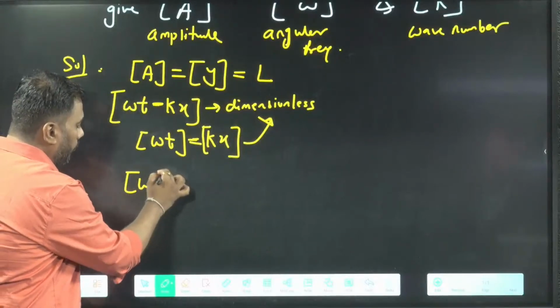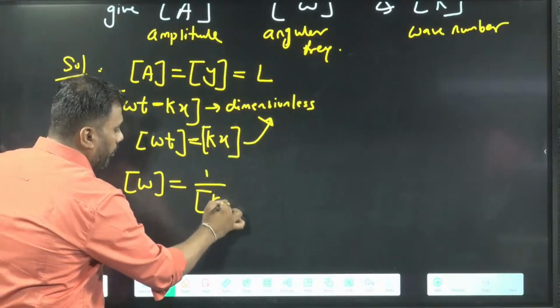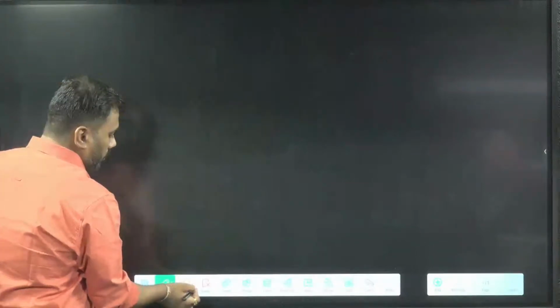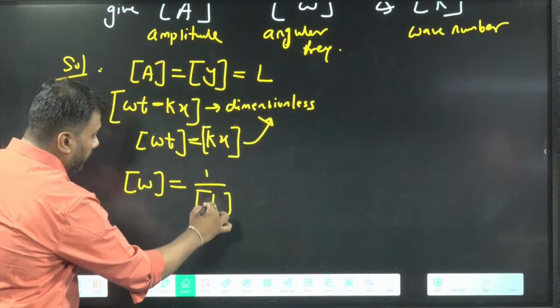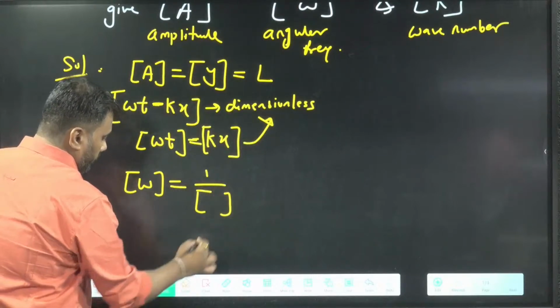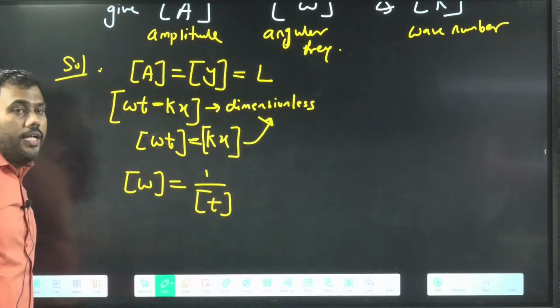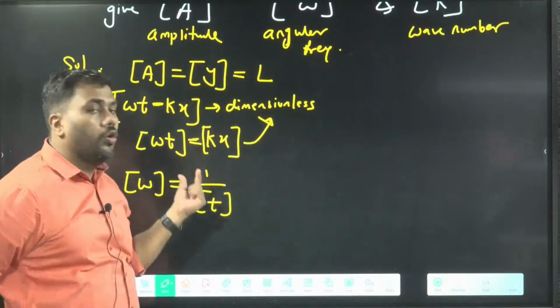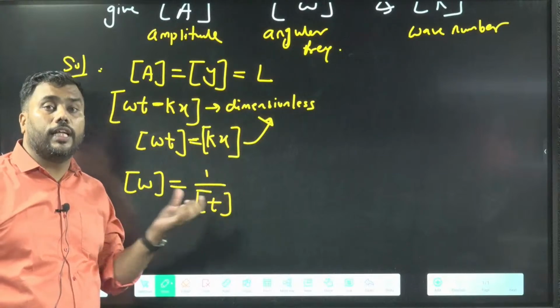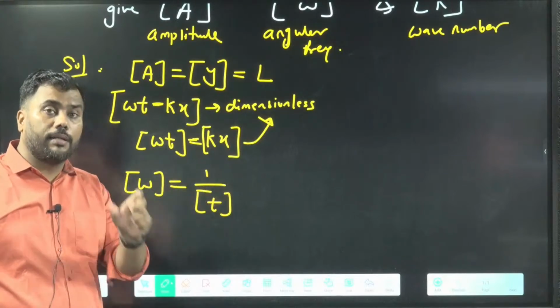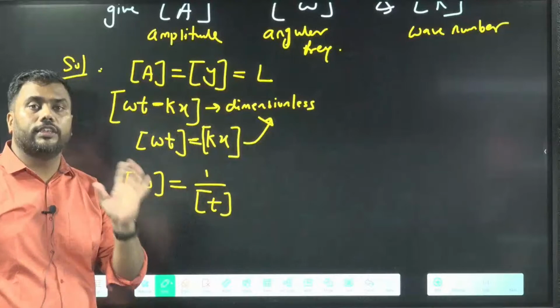So dimensions of omega should be equal to dimensions of 1 upon t. Omega into t is dimensionless. It means when dimensions of omega and dimensions of t are multiplied, we get a dimensionless thing, which is 1.